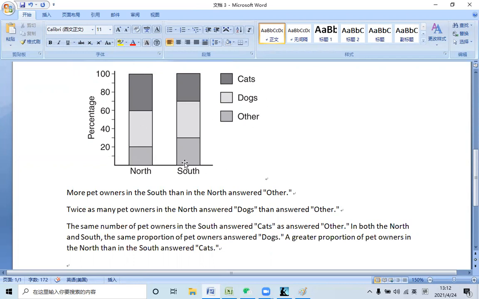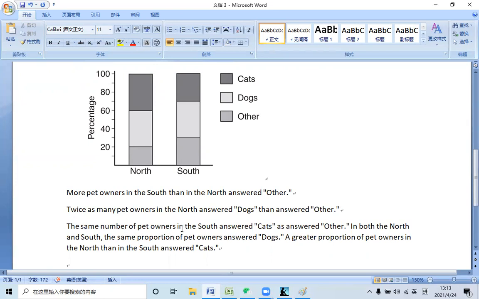Dogs, others. Seems to be true, right? Roughly twice. This section is almost twice as large as people who answered other pets. This one is a good conclusion, so we don't choose this one.